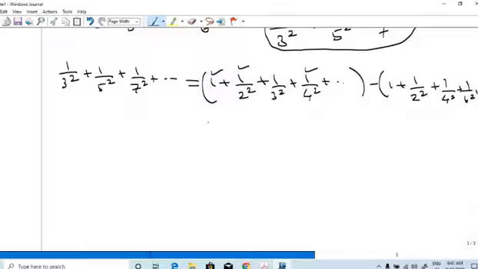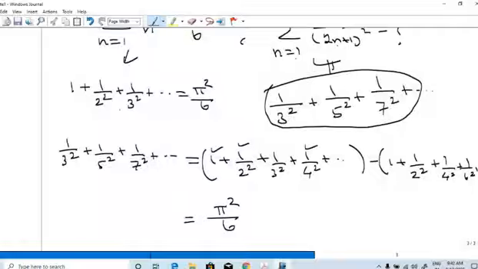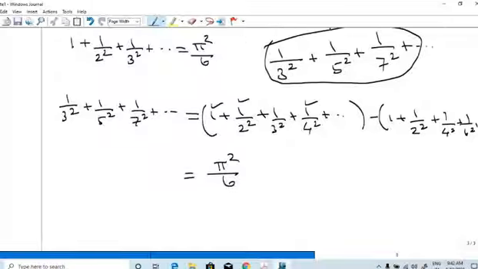Now this is nothing but pi square by 6, because the given hypothesis, 1 square plus 2 square plus 3 square, is nothing but pi square by 6. Now minus, so better we write, expand this.